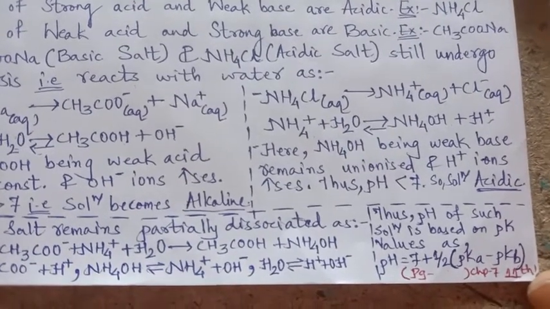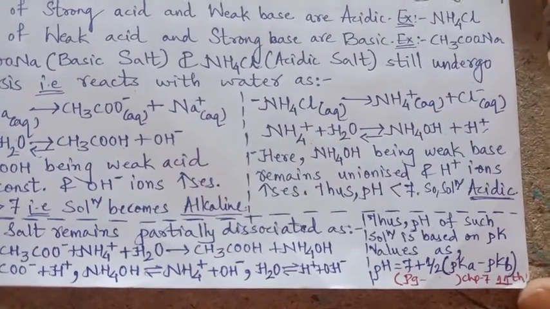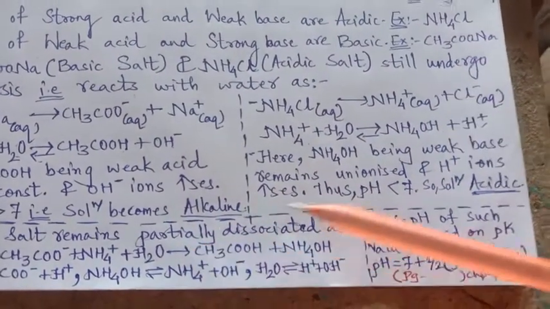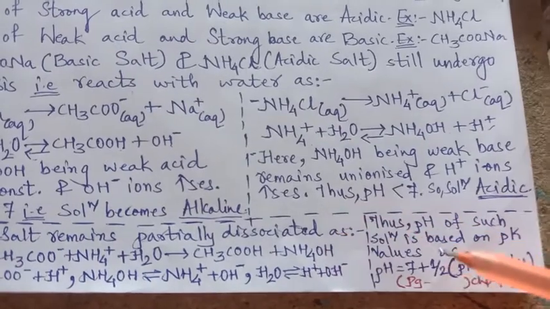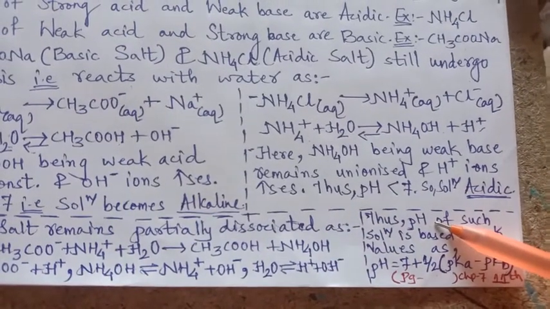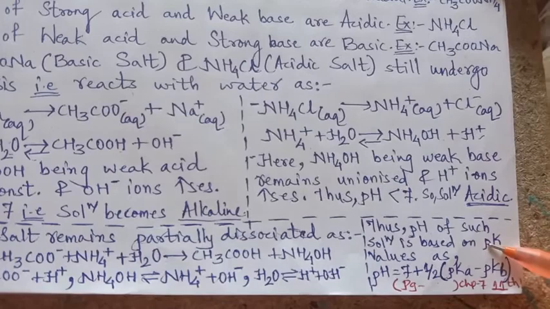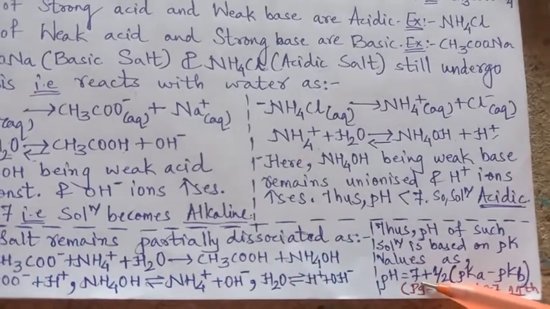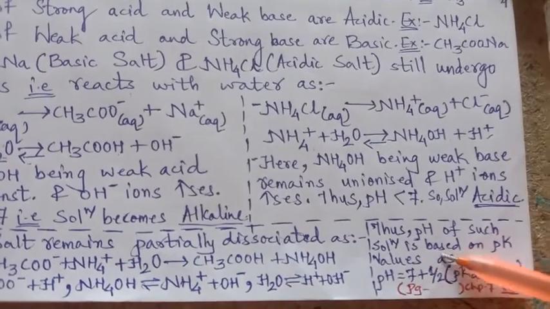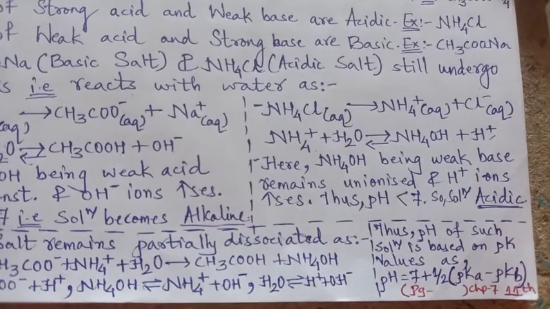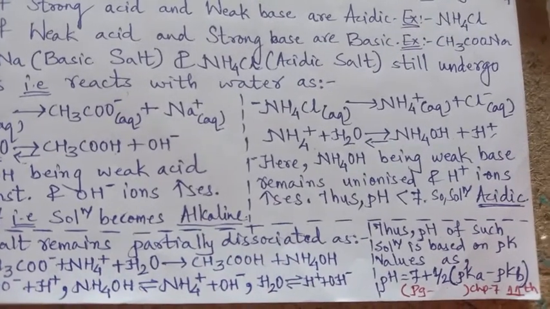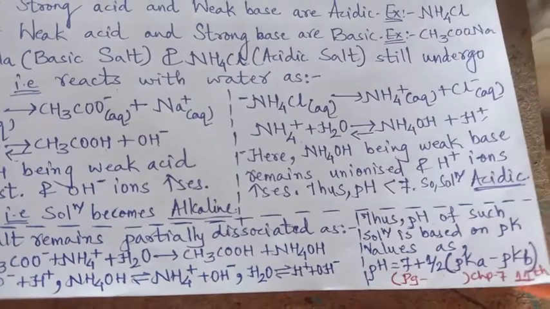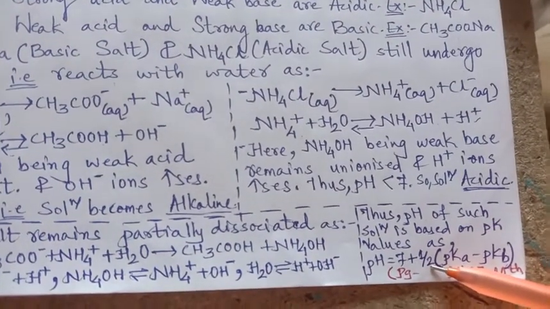So we are considering 14 as the total of pH and pOH. But here with partial dissociation, half of the dissociation takes place. So the pH from pKa and pKb, of the acid and base, is pH equals 7 plus half of pKa minus pKb. 7 is half of 14, and the pK value also, being partial dissociation, is halved.